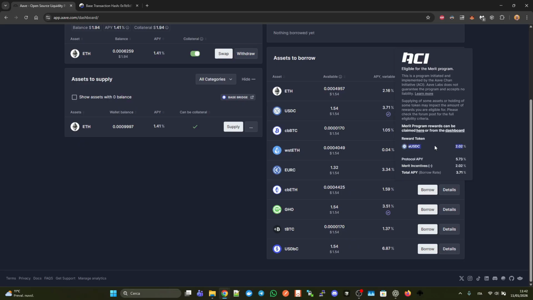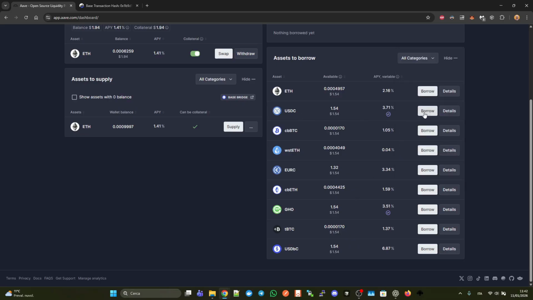So depending on if you are eligible to get these incentives, your total APY could be 3.71%, but normally the cost of borrowing USDC would be 5.73%.